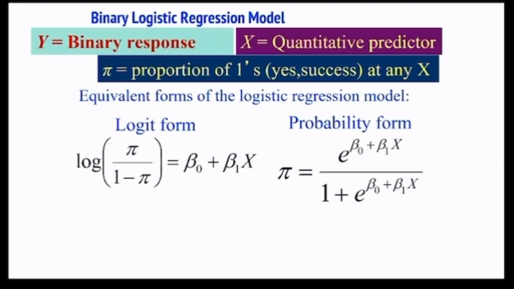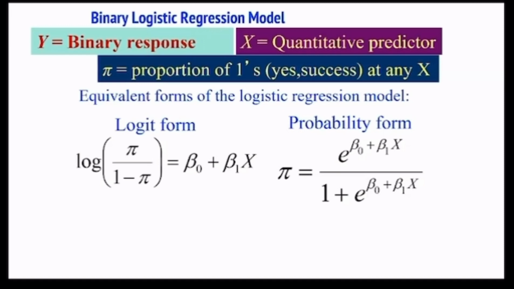Like I said, from the logit, the log of pi divided by 1 minus pi equals beta naught plus beta 1 x. When you solve for pi in this equation, you're basically going to have the exponential raised to the power of that, because this is a natural log.